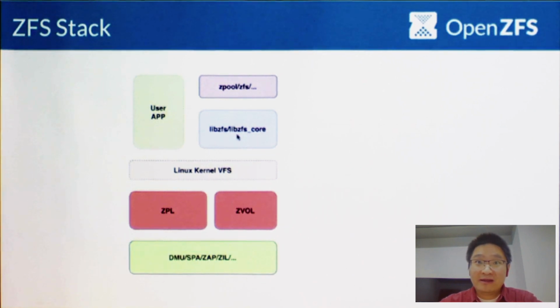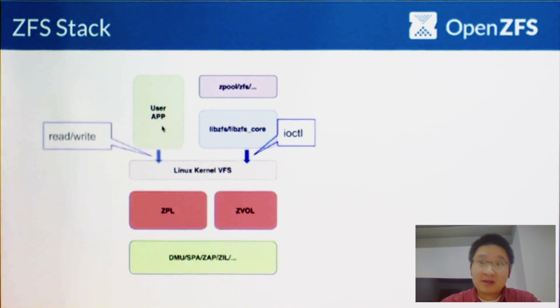This library talks to the ZFS kernel module through the ioctl interface. And when a ZFS dataset is mounted, user applications can use the standard read and write APIs provided by the VFS to access the file system.